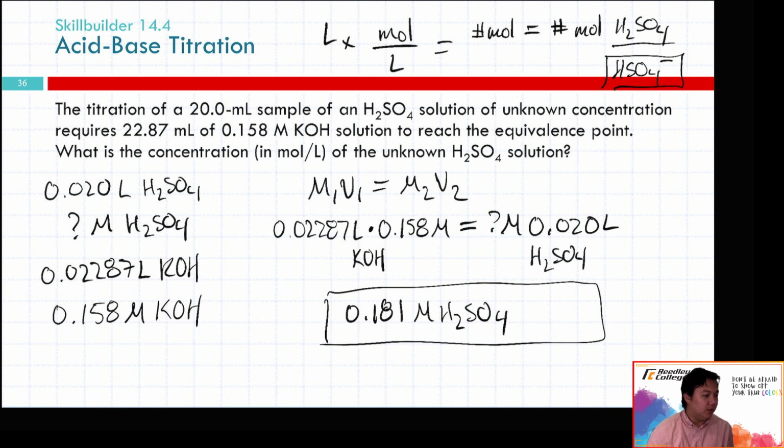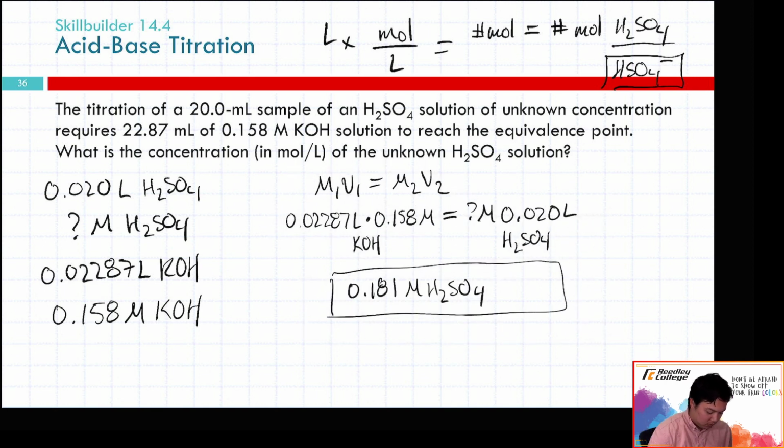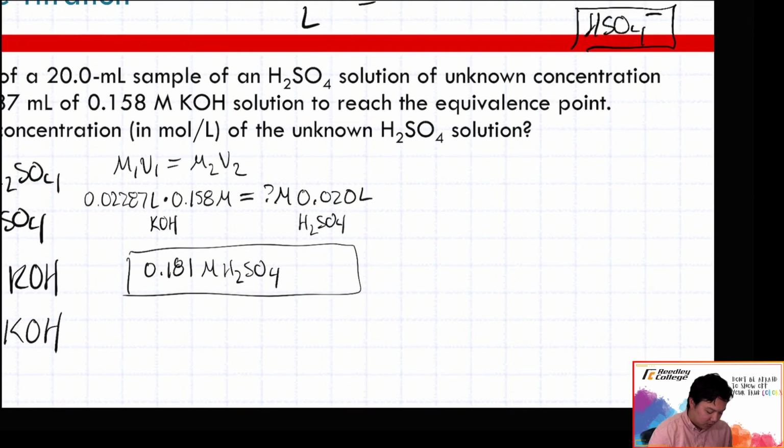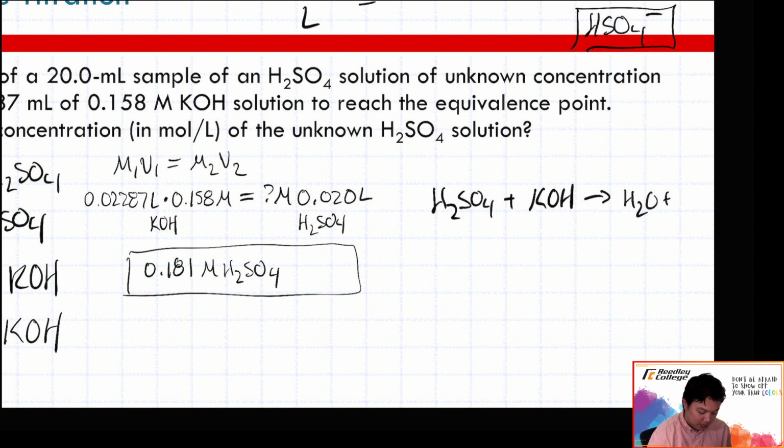The other thing that you could do for this is you could write out the reaction equation. So you could write out a reaction equation of H2SO4 plus potassium hydroxide goes to H2O plus K2SO4.